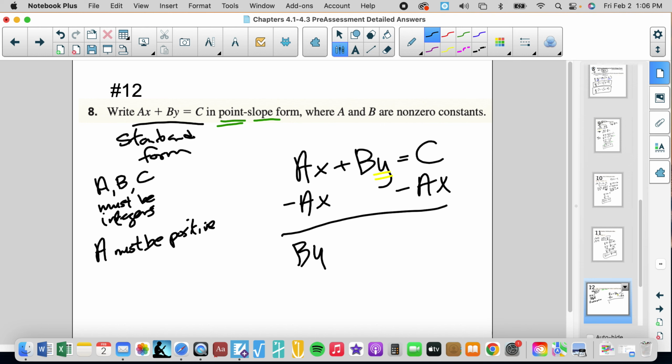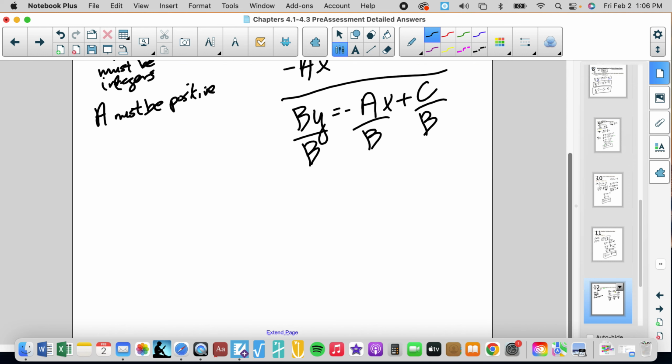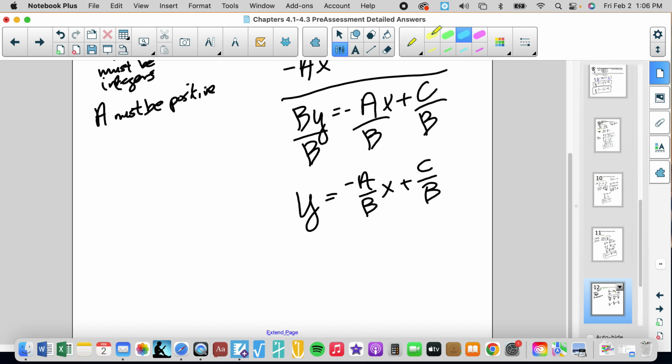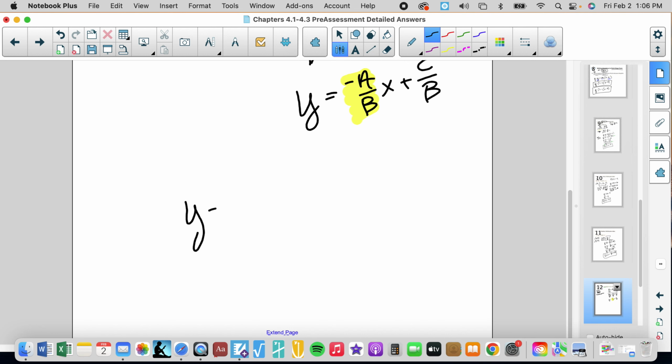That gives me By equals -Ax plus C. I'm going to divide by B. And now I have this standard form written in slope-intercept form. So I see that my slope is -A/B. If I need to write it in point-slope form, my point-slope template is this. So I can put that in for slope.